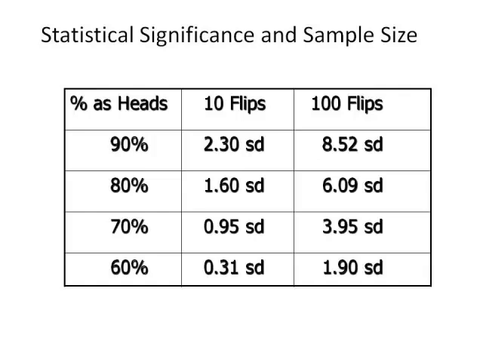So we see the same percentage, 70%, whether it's 7 out of 10 or 70 out of 100, and we get different measures of standard deviation, and we come to different conclusions. In the 10 flip game, you wouldn't conclude that you were cheated. In the 100 flip game, you would infer that you were cheated. So the number of things we're studying, the number of times we're flipping that coin, the sample size, has a really big impact on whether or not a result is going to be statistically significant.